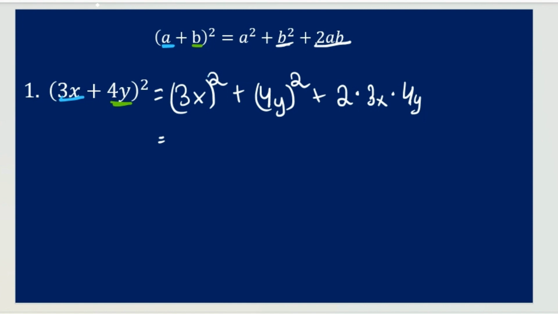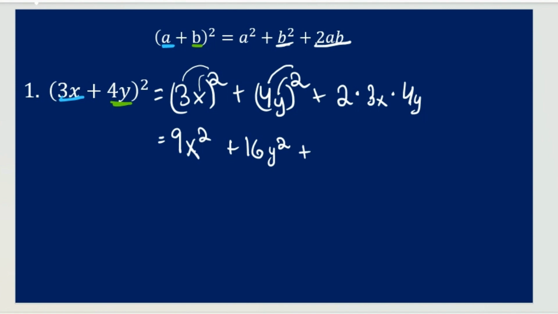So now to solve it. Here, a squared, so this 2 is going to be for the 3 and the x. So it's going to be 9x squared plus. Then (4y) whole square, so again this 2 is for the 4 and the y. So 4 squared is going to be 16, so 16y squared plus.